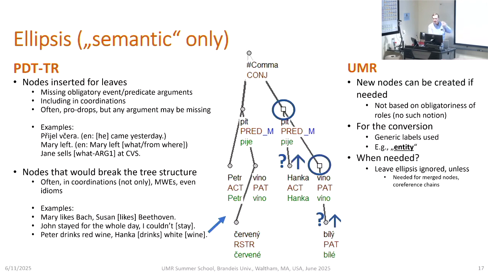The second type of ellipsis is if the sentence structure is such that we would have trouble determining the dependent node of some of the concepts in the sentence. That typically happens in coordination. So if you have a sentence like, Mary likes Bach, like the author, and Susan Beethoven, the predicate is missing. Predicates are important.